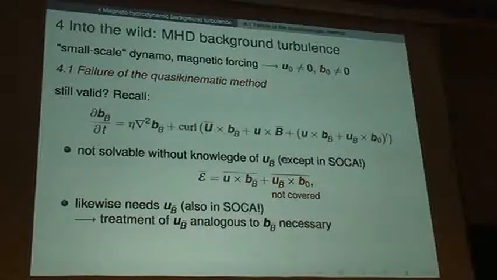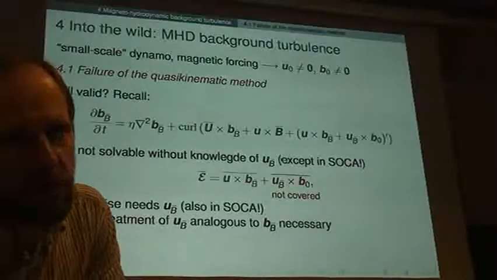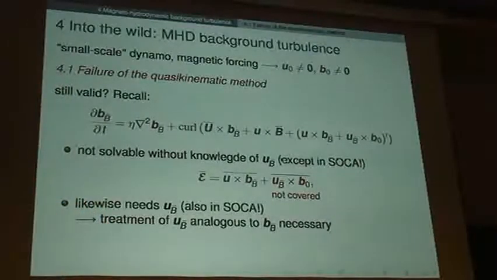You may have gone into the wild too fast, because there is a case where there is no Lorentz force. Suppose there is no Lorentz force; you are still in the kinematic regime. No, if there is no Lorentz force, we are fine. You are not, because you have a small-scale dynamo. Yeah, you're right. I think there is a case in between before you come to this one. The small scale dynamo has to be sorted out, which is not sorted out at present; we don't know what to do. Here it's included, but you have also included the Lorentz force. That's why you are having uB bar, right?